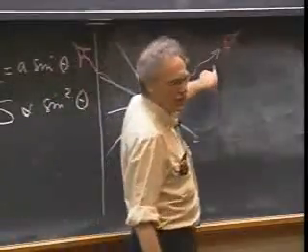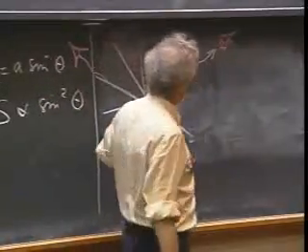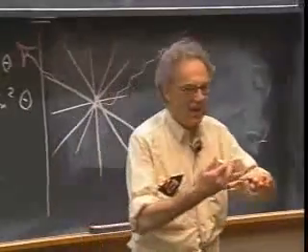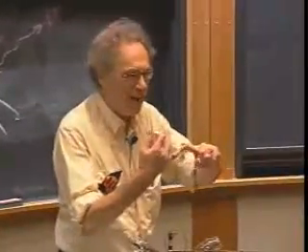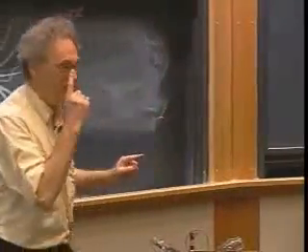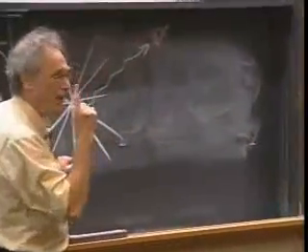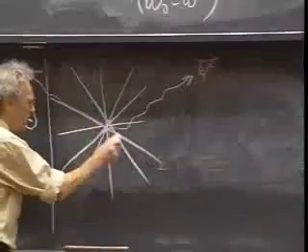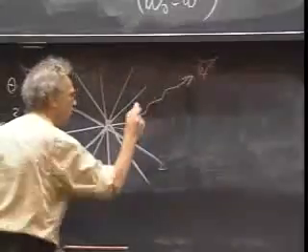What is the direction of the E vector when this light reaches my eye? It is in the plane of A and R. That means it must be in the blackboard. Remember, the E vector is in the plane of acceleration. This acceleration is like this. That's the plane of the blackboard. And R is also in the blackboard.